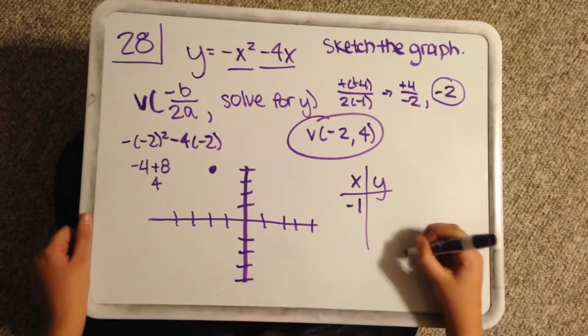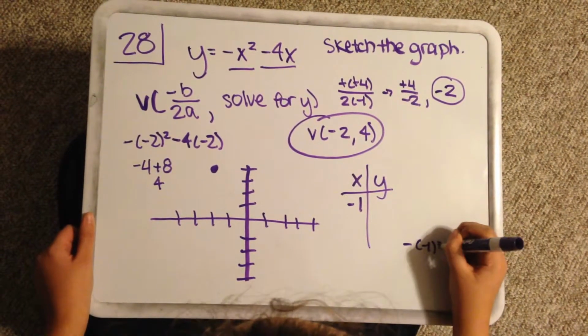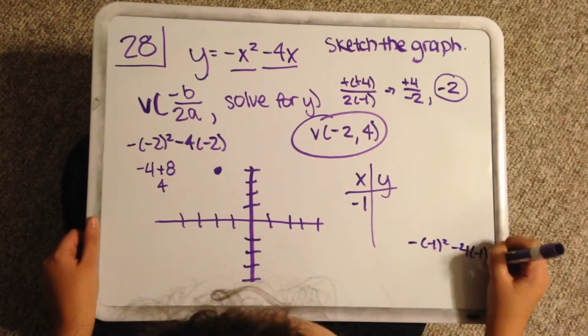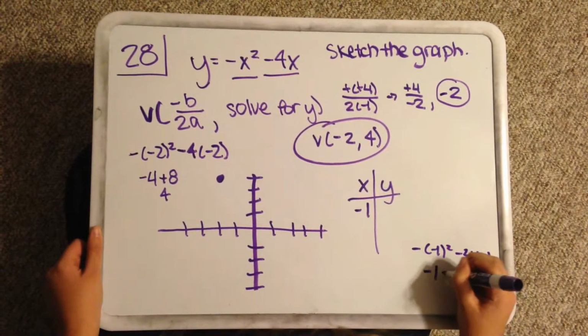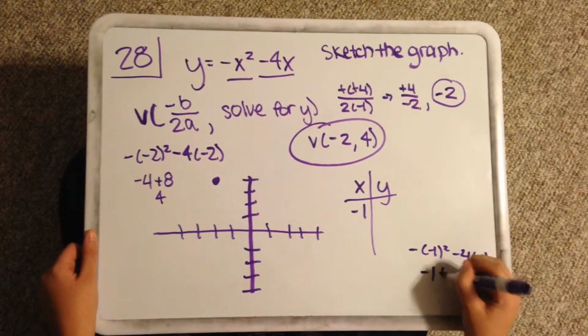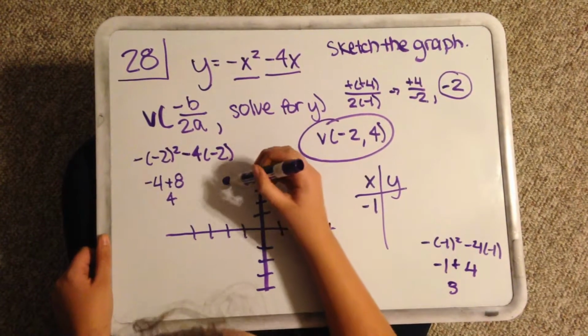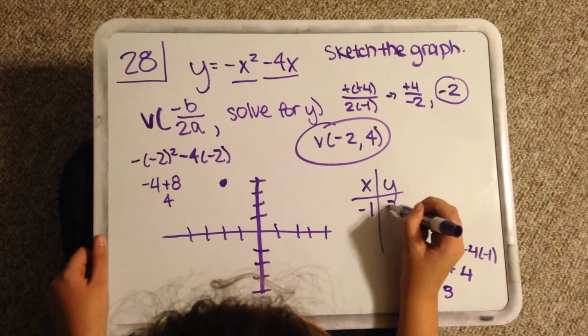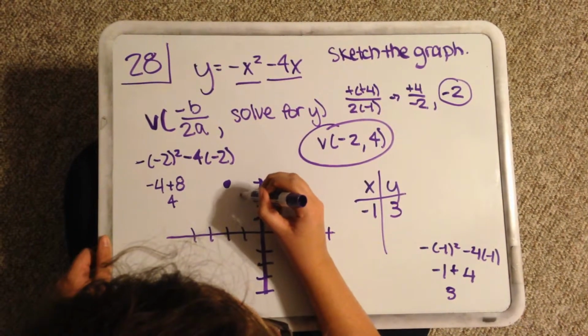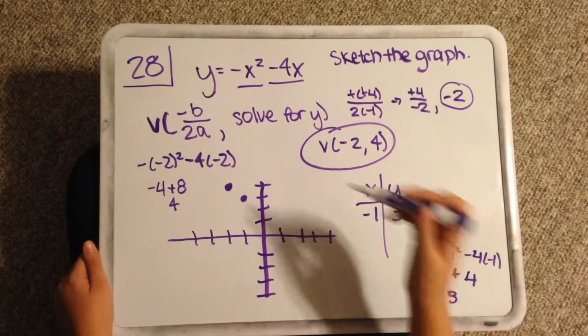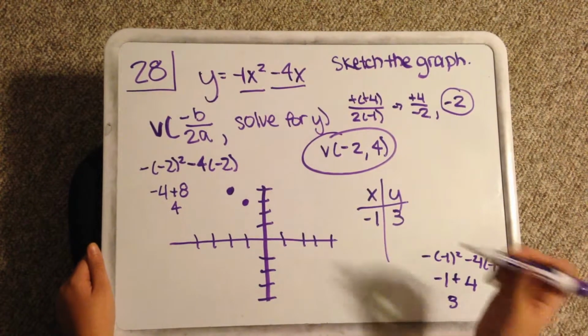You plug it in. Negative 1 squared minus 4 times negative 1, negative 1 plus 4 is 3. And so you go over negative 1, 3. Another way to do this is a parabola that just has 1 in front.